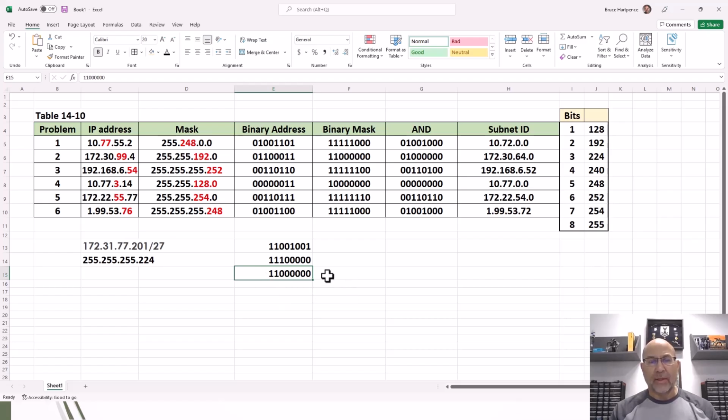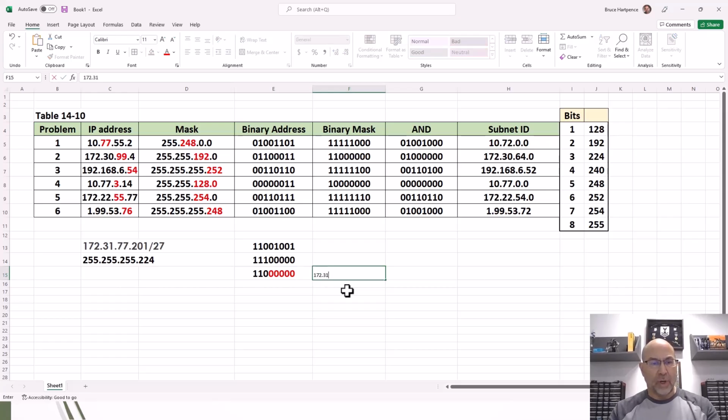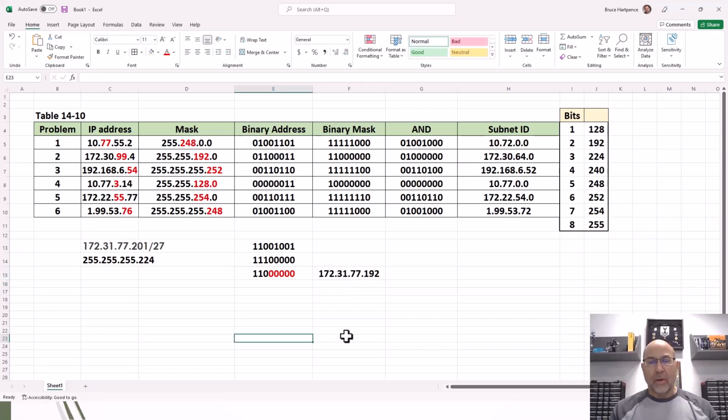We can see all zeros in the host portion here, right? So there's our host portion. And so that means that my subnet here is 172.31.77.192.